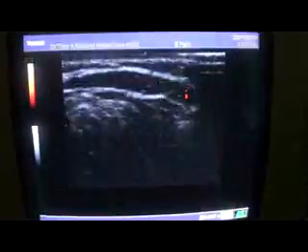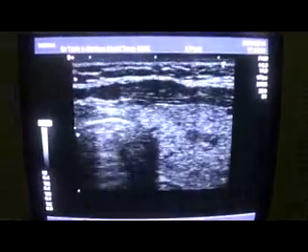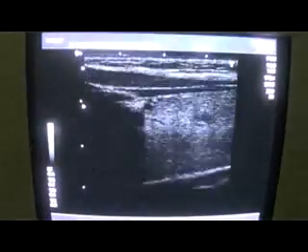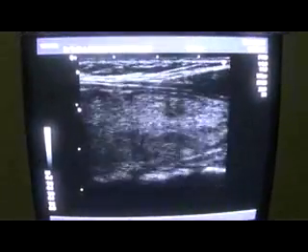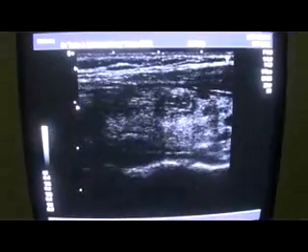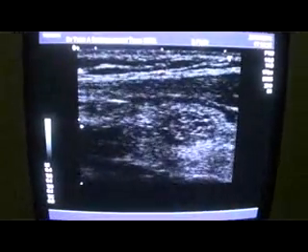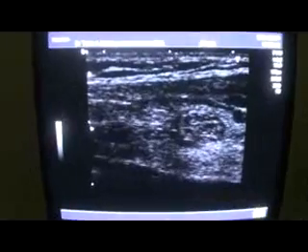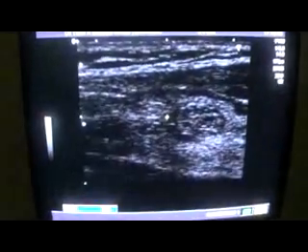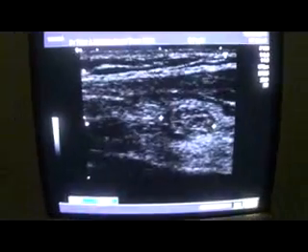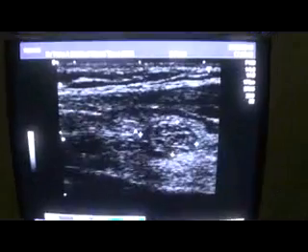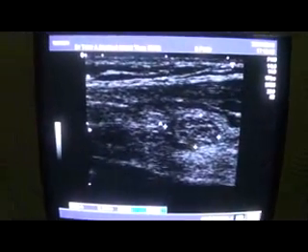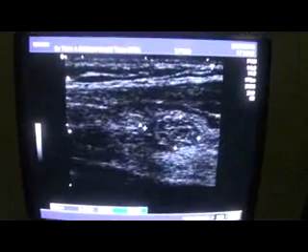Now I'm going to show you the left lobe of the thyroid gland, and in longitudinal section at its lateral end we see a multiseptate lesion, measuring approximately 9.2 into 5.0 millimeter.